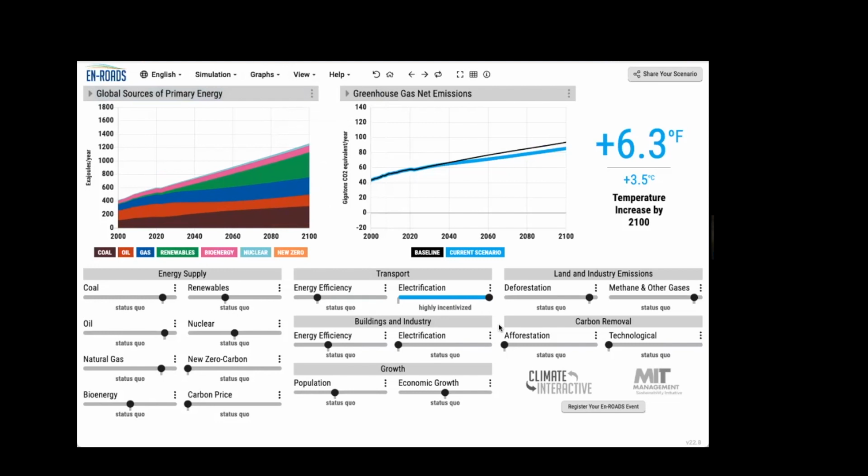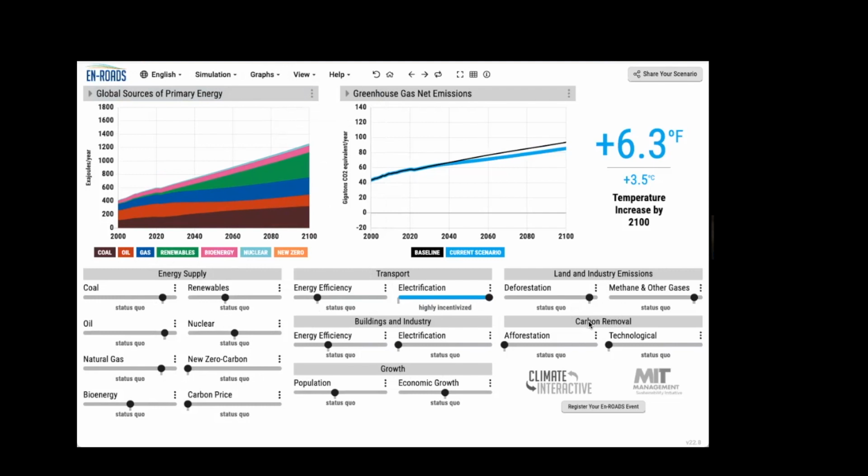We've electrified, but now, could somebody give me an idea of something else we might try? You can change things in the energy supply. It can be coal, or less coal, more renewables. You have efficiency on transport or buildings, the kind of growth we have, and then what kind of emissions we'd have, and then some things around carbon removal.